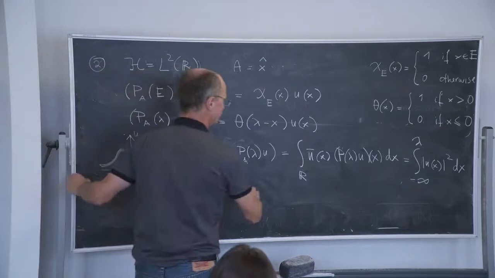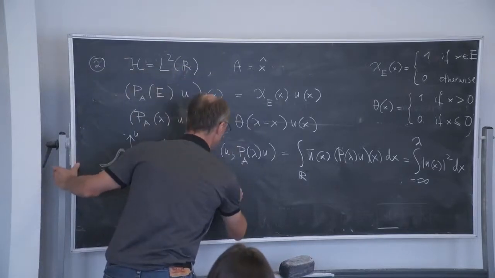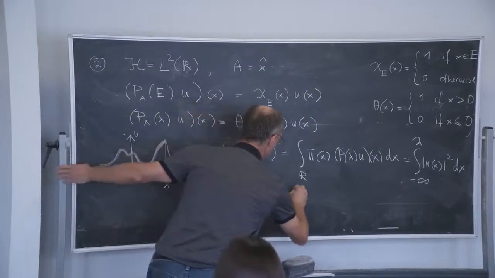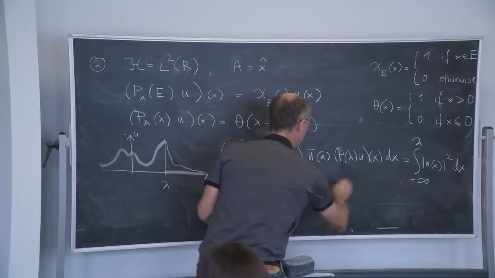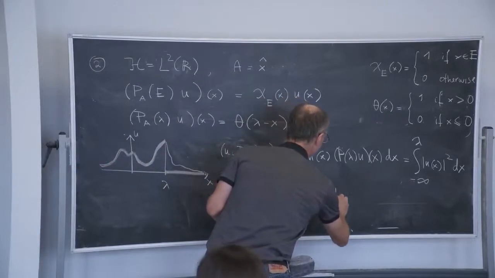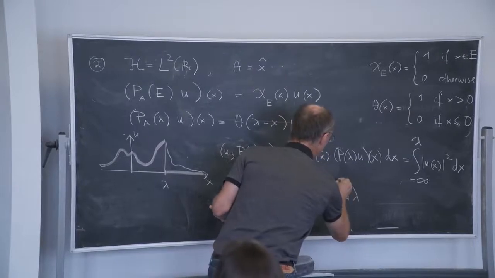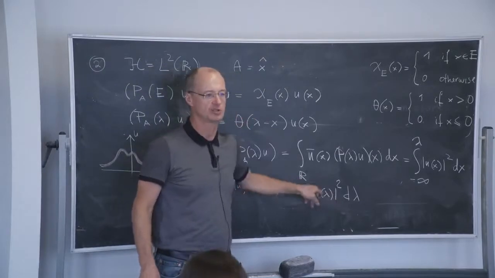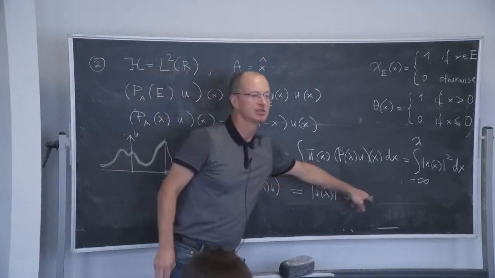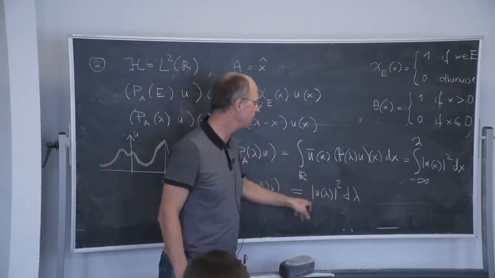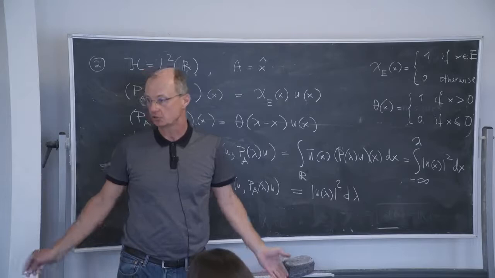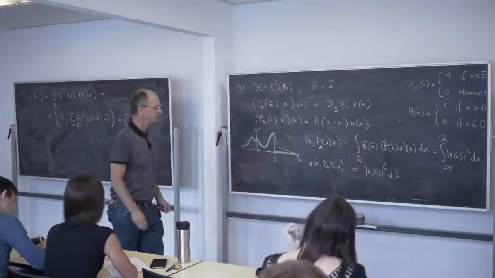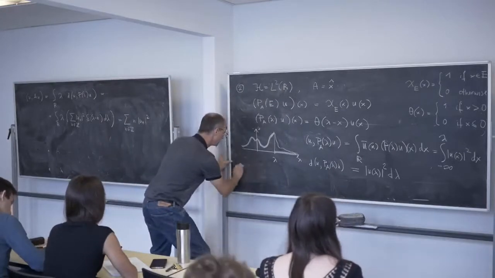Now d of this guy is simply u of lambda squared d lambda. That's the density of our measure with respect to the Lebesgue measure. It's the square of an L2 function, so it's an L1 function, which is positive and defines for us a measure.